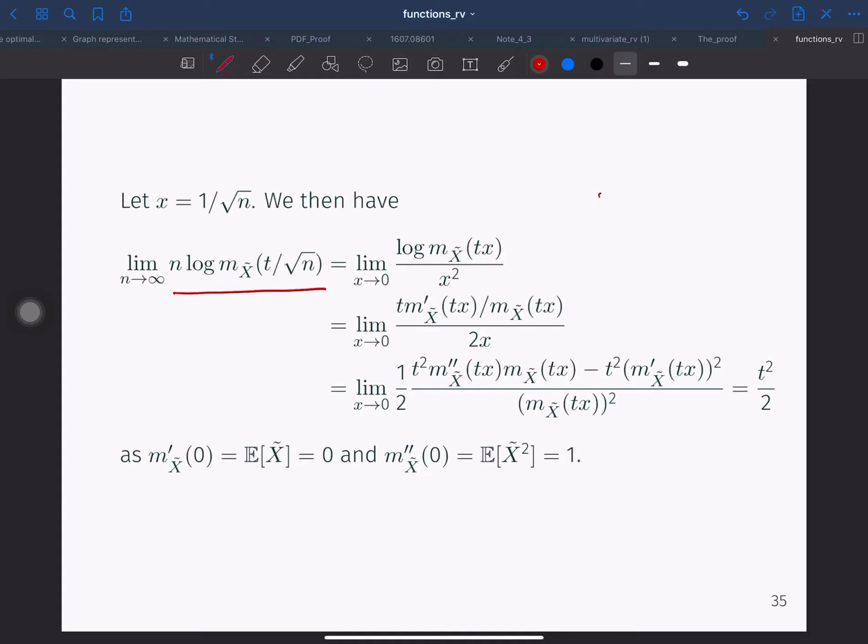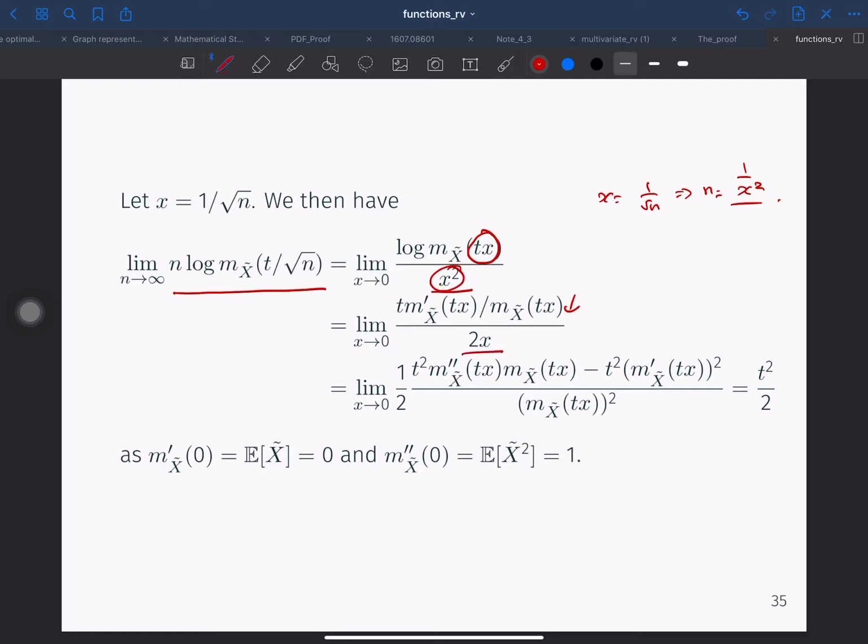So we define x to be 1 over square root n, in which case n is 1 divided by x squared. And now take the derivative with respect to x. The derivative of the logarithm of a moment-generating function is simply this term. The derivative of x squared is simply 2x.